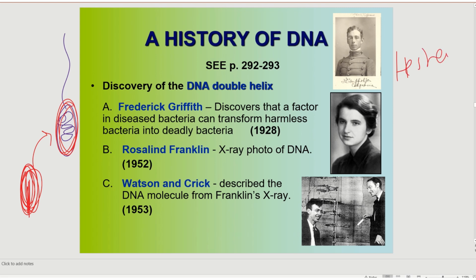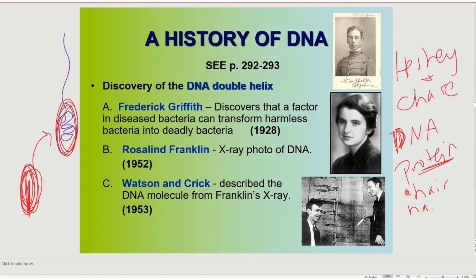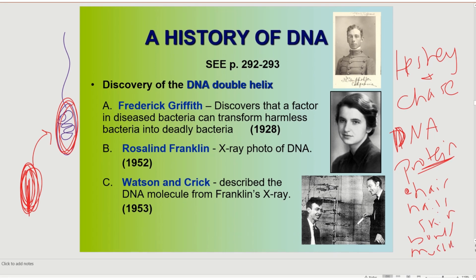And there were these people called Hershey and Chase, kind of like chocolate, right? Hershey and Chase were two different scientists also that discovered, hey, you know that it's DNA that you get from your parents? Because people used to think that it was protein. Why would people think it was protein? What is protein in your body? Your hair, your nails, your skin, your bones, your muscles.